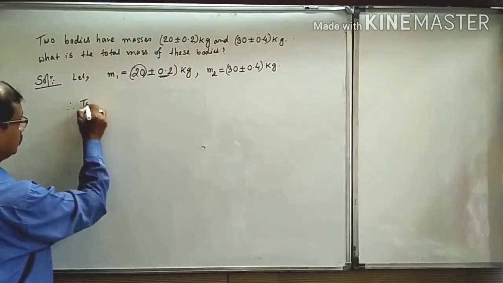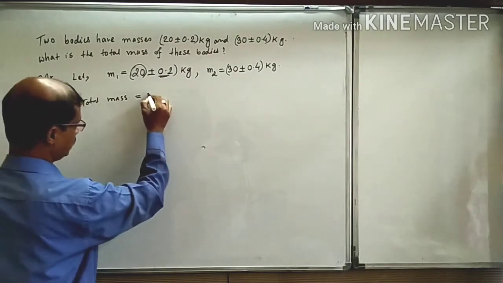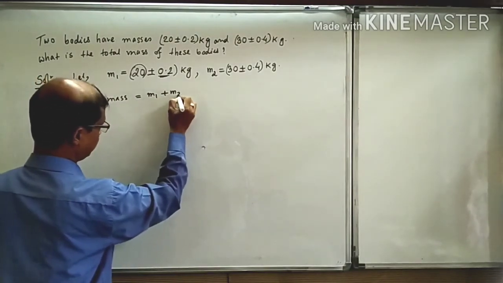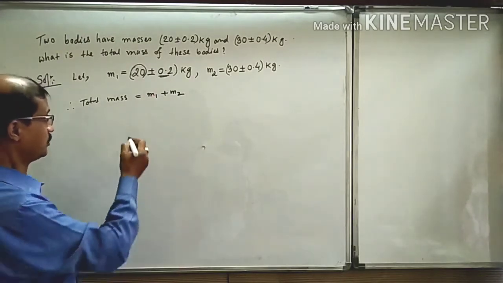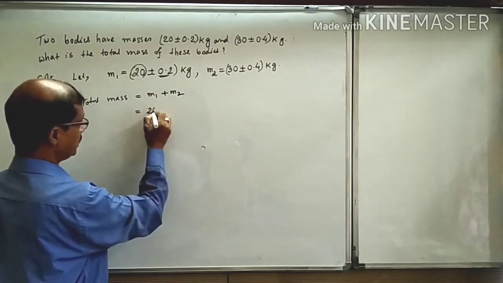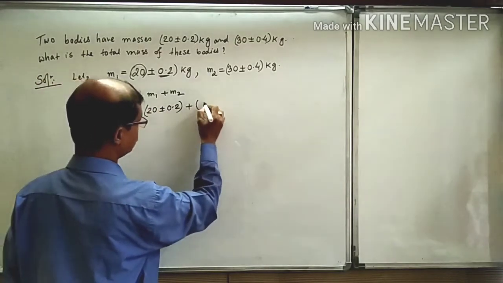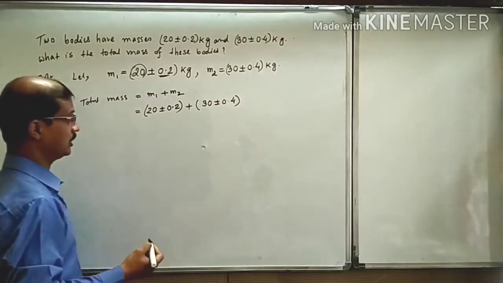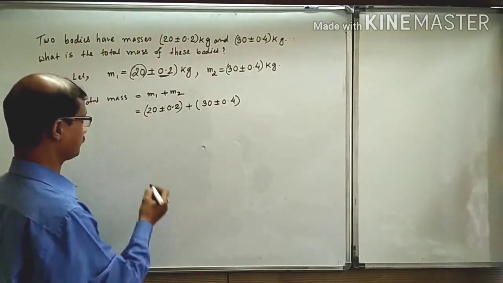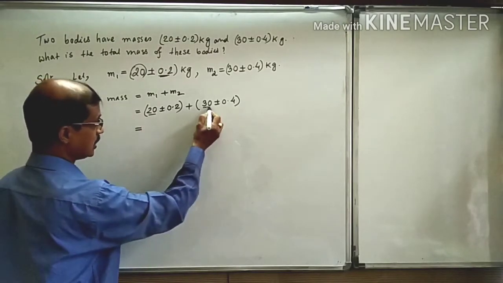Now you have to calculate total mass, so you have to add m1 and m2. m1 is 20 plus minus 0.2 plus m2 30 plus minus 0.4.